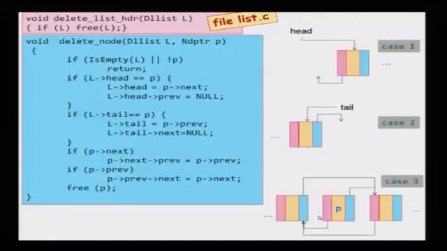Now, if you look at the links, this node's next is the one after P, this node's previous is the one before P. So, now P can be safely removed. Okay. So, this is how you would delete a node in the intermediate list. If there is a next node, then P next previous will be P previous, that is this backward link, and if there is a previous node, then P previous's next will be P next, that is this forward link, and finally after that you will free P. Okay.